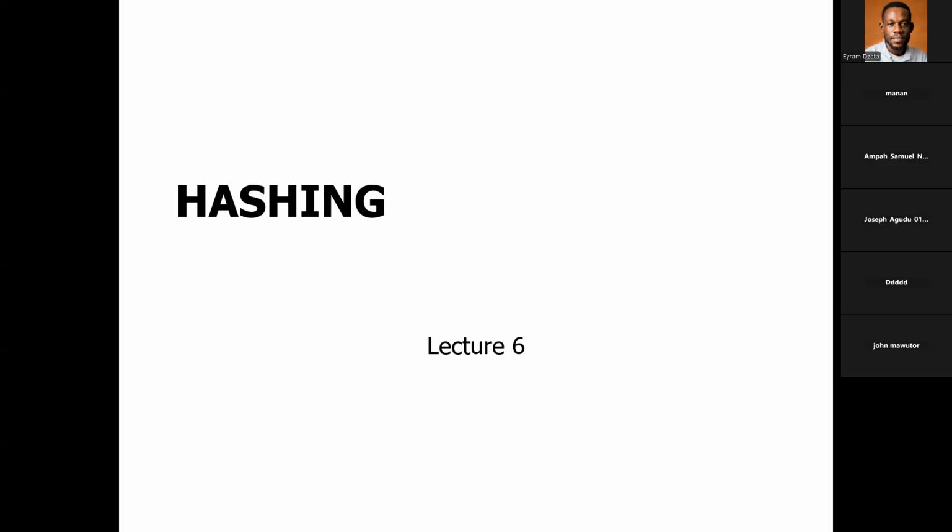We'll look at what hashing is, the issues you can encounter when you are using a hash table, and then how to resolve those issues, the algorithms that can help you resolve them, and also the performance of those algorithms. Okay, all right. So let's start.